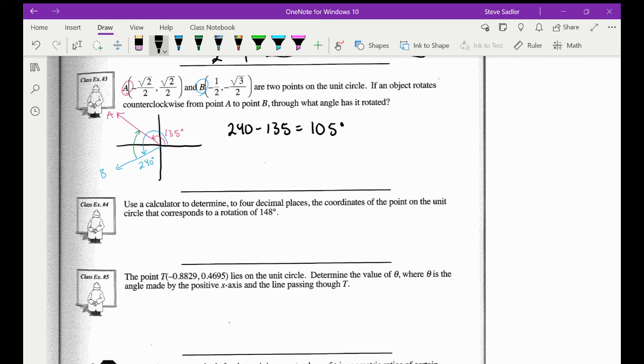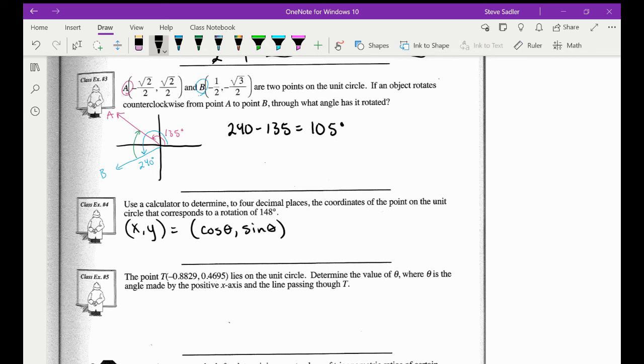Use a calculator to determine to 4 decimal places the coordinates of the point on the unit circle that corresponds to a rotation of 148. So this is where we're going to use, hopefully you remember, we're looking for coordinates. We're looking for x, y. And we remember that that is the same as cos theta, sine theta.